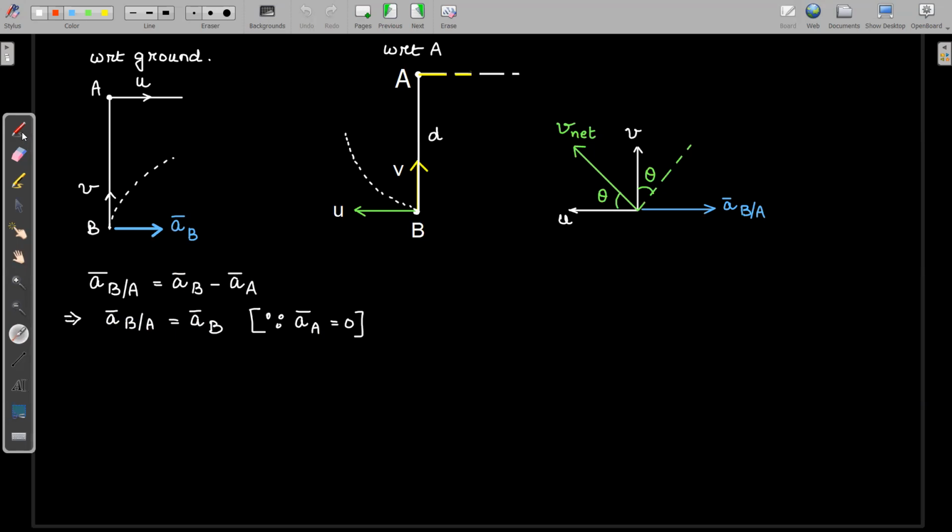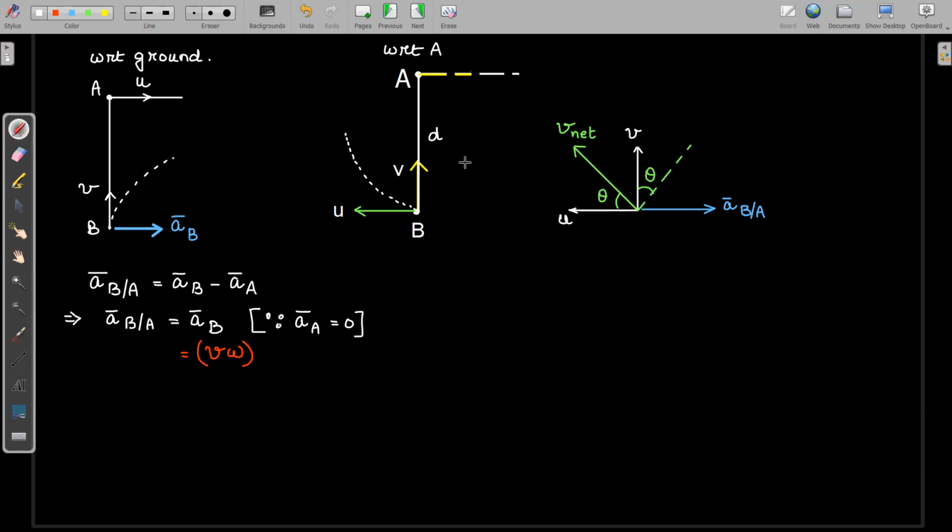Since the tangential acceleration of B is 0, the normal acceleration can be written as the velocity of particle B multiplied by the angular velocity of particle B. This is the standard equation from circular motion, where centripetal acceleration can be written as v squared by r, or omega squared r, or v into omega. This will be the net acceleration of B with respect to the ground or with respect to particle A. Both are the same.